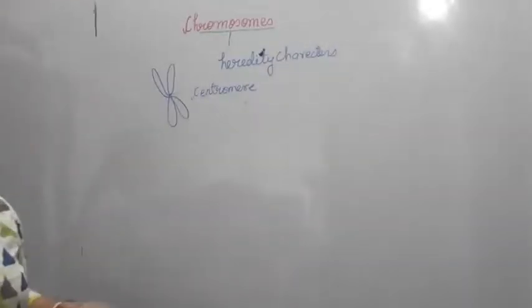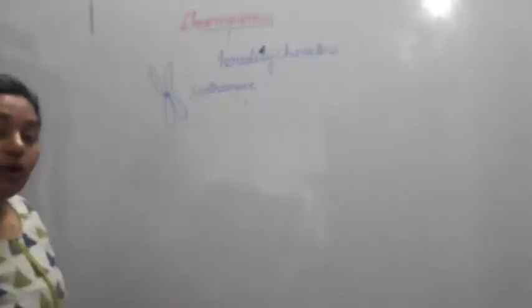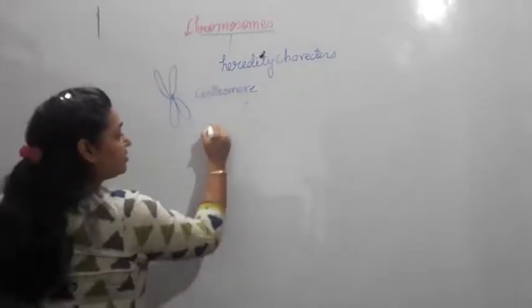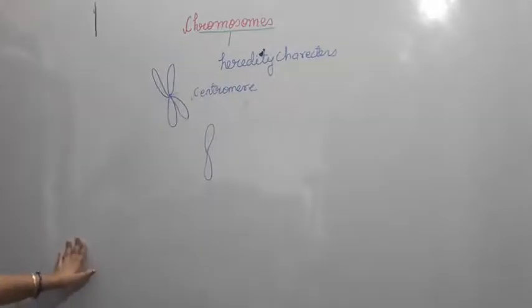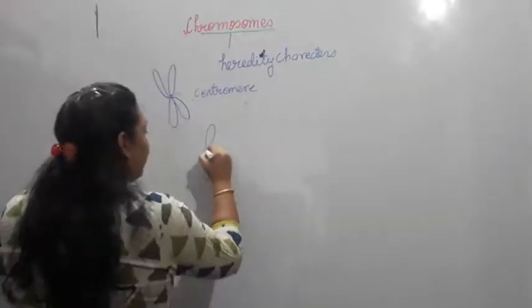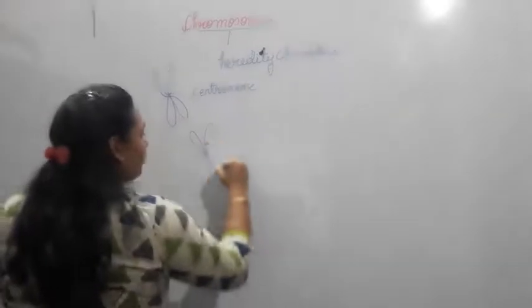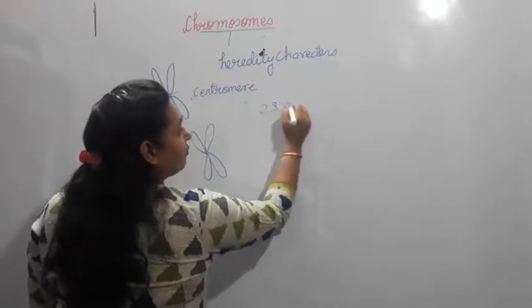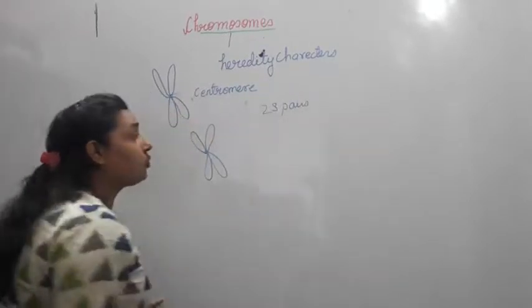Now when the gametes are formed, at that time they get divided and they are present in just a single structure. But when they meet with the other gamete and fuse, they get duplicated by themselves and join with the other one of its own kind. For example, as you know, in humans there are 23 pairs of chromosomes.